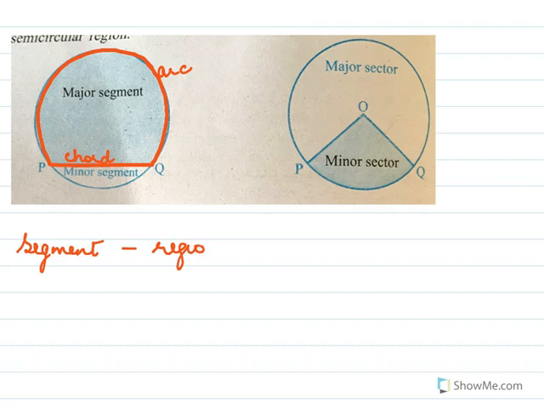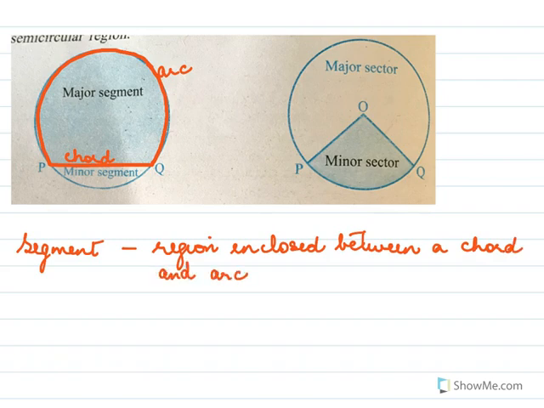So region enclosed between a chord and arc. Now arcs are of two kinds. We have the major arc and the minor arc. This is also an arc.